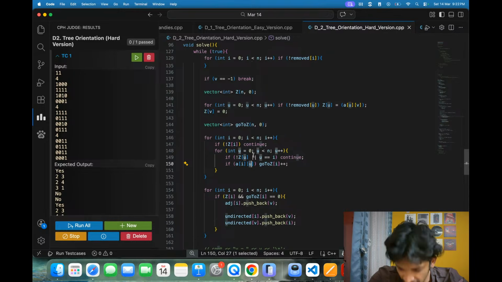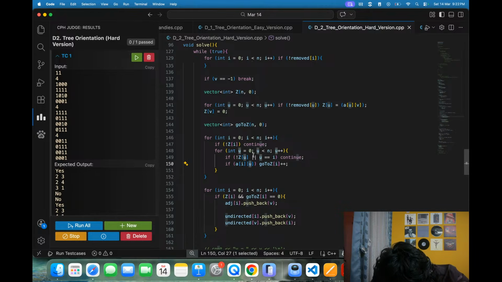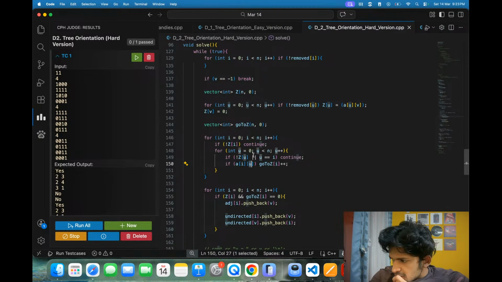You're trying to remove a leaf, okay, and then you have to find its edges quickly. Can you just find the minimum size itself?